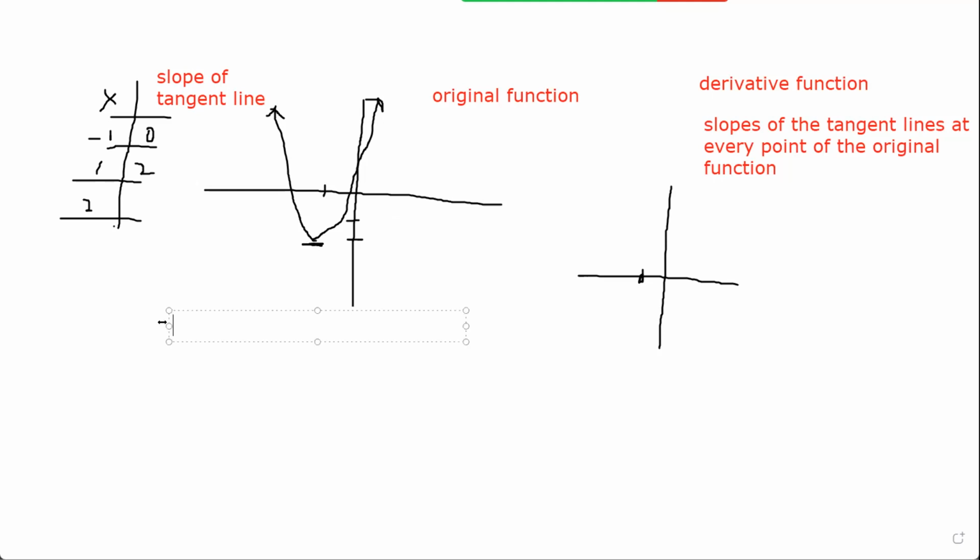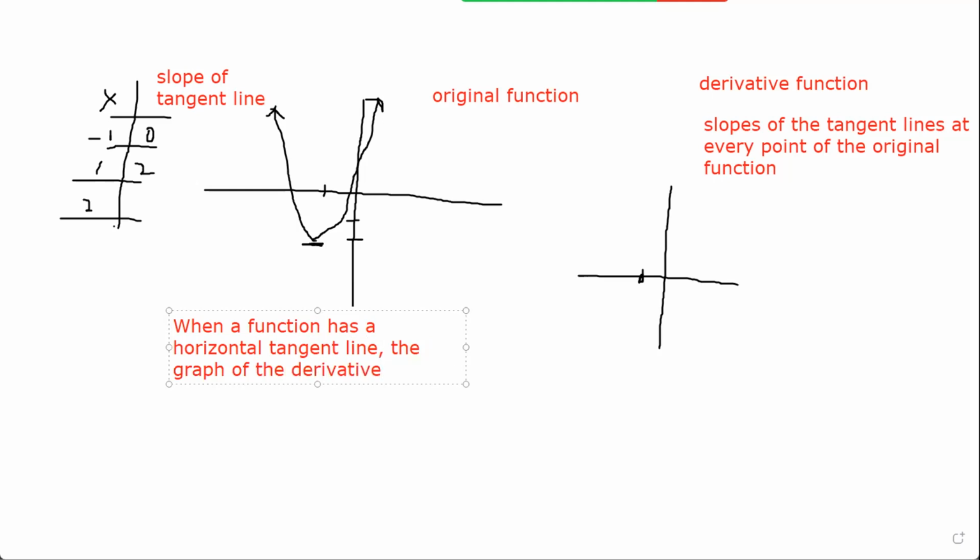When a function has a horizontal tangent line, the graph of the derivative has an x-intercept, because the slope is 0 at that point, right? Does that make sense?